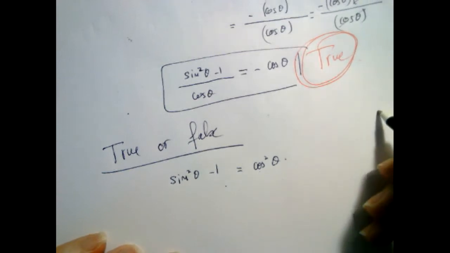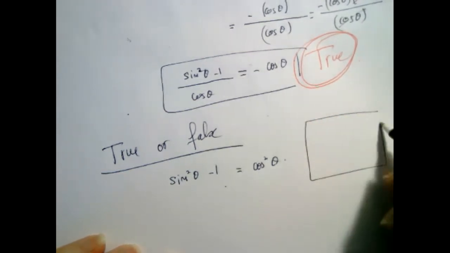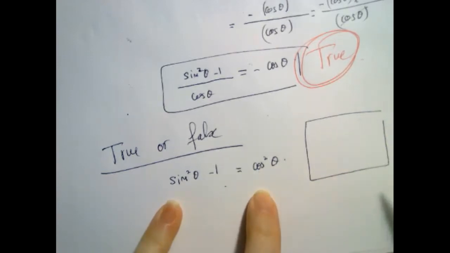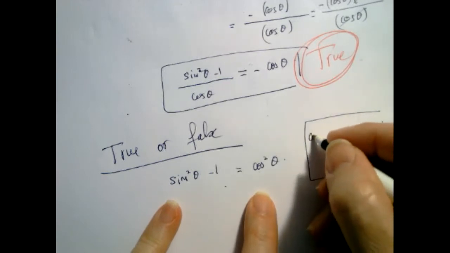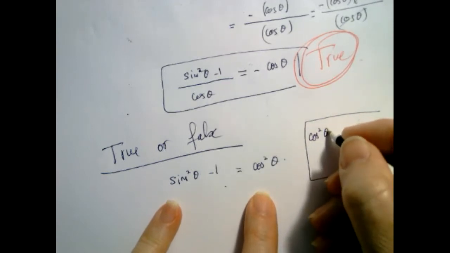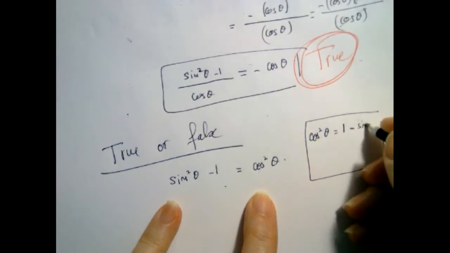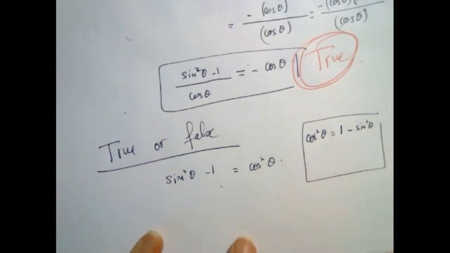Remember, what's the true statement? What do we have for cosine square? What's the relationship between cosine square and the sine? It's 1 minus the sine square. So be very, very careful.